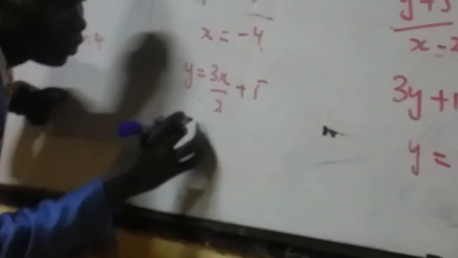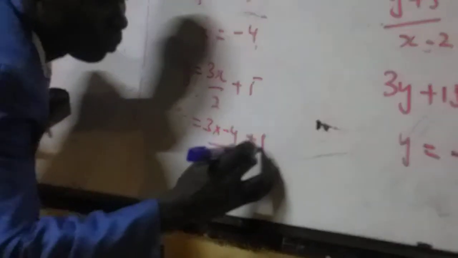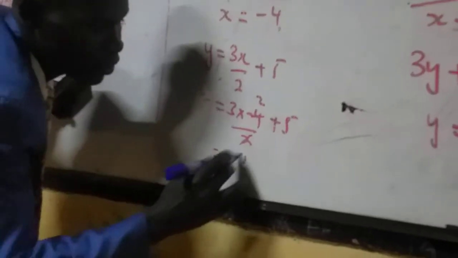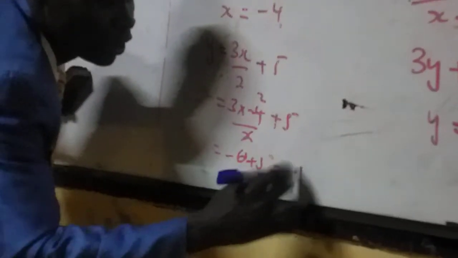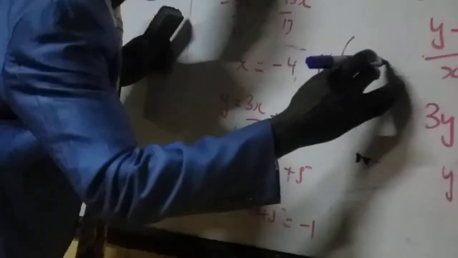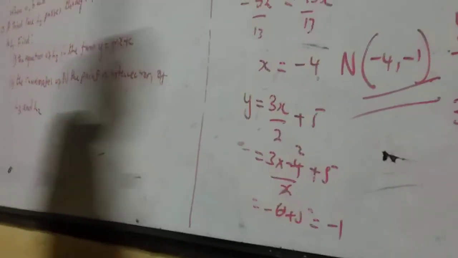So y will be 3 times negative 4 over 2 plus 5, that is negative 6 plus 5, which is negative 1. So x is negative 4, y is negative 1. Therefore, the coordinates of N is the point negative 4, negative 1. That is the coordinate of the point N.